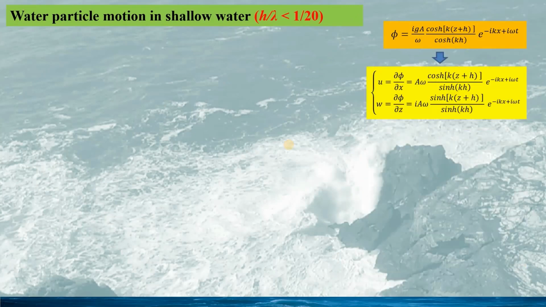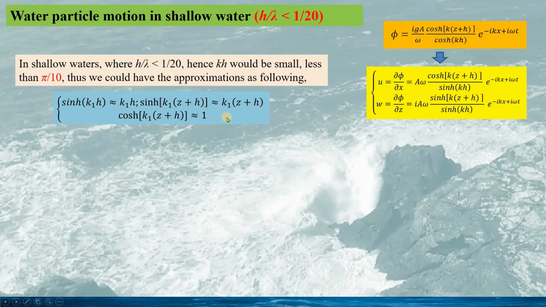Use the wave potential function, we can calculate the water particle motion in shallow water. In shallow waters, when the water depth is smaller than 1/20th of the wavelength, the parameter kh would be small, less than pi divided by 10.